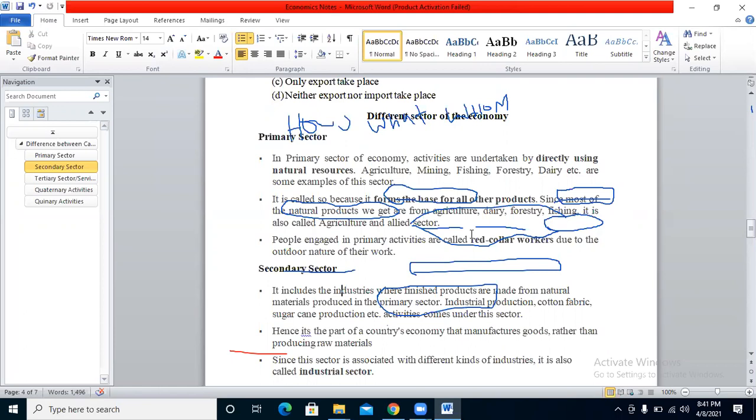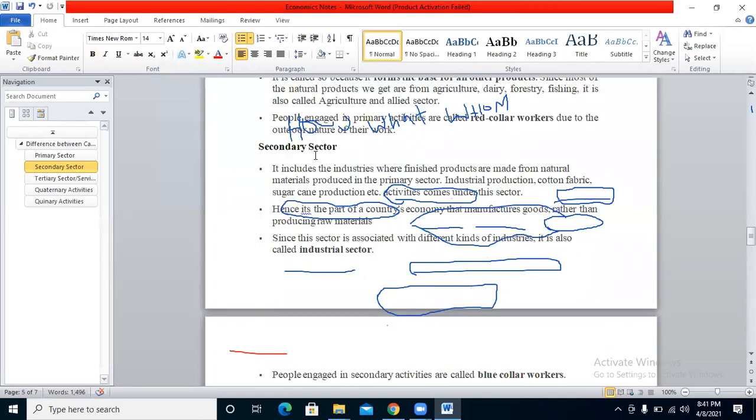So the use of natural resources without innovative technique can also produce electricity. So we can say the hydropower project is the primary sector. Right now a lot of technology is used in hydropower plants, but the major resource for the hydropower plant is water.